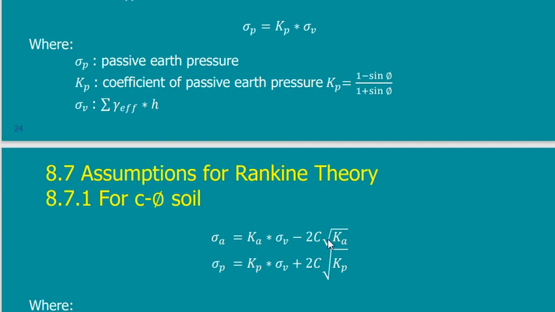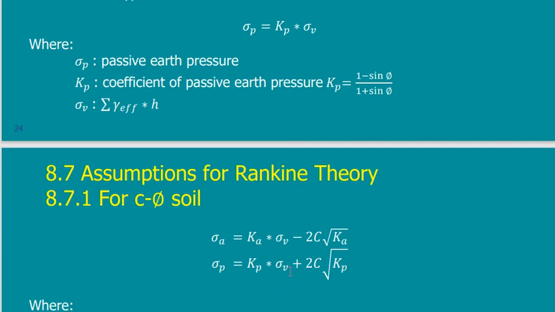In this case, the soil returns and touches the wall. So there is a triangular crack on top. If I have a c-phi soil, I will have a separation on top, and then this separation will close till it reaches 0, and once it reaches 0, it starts to push the wall. So my earth pressure starts from this point.